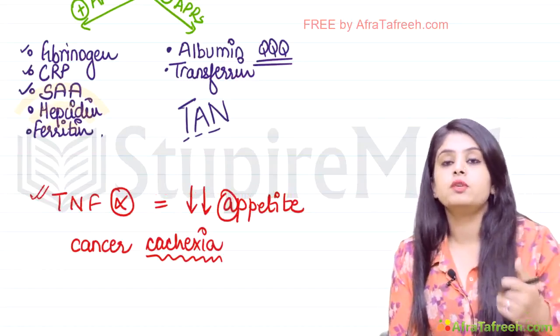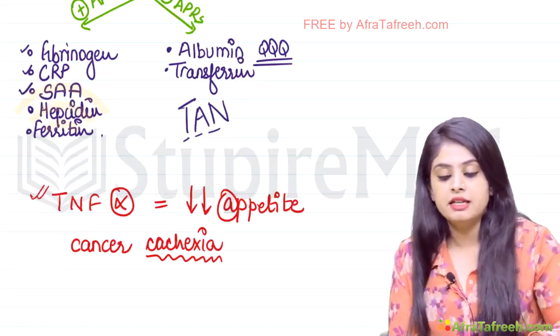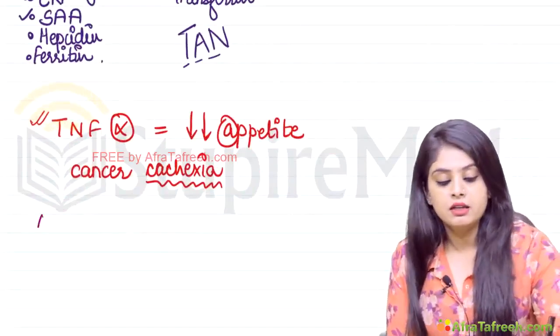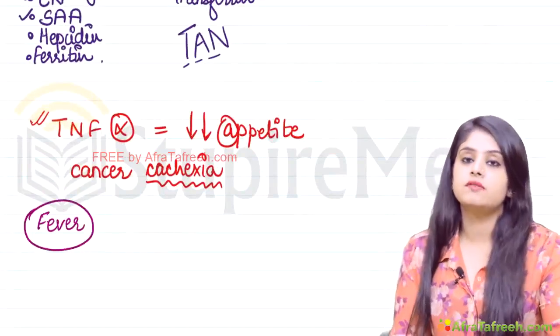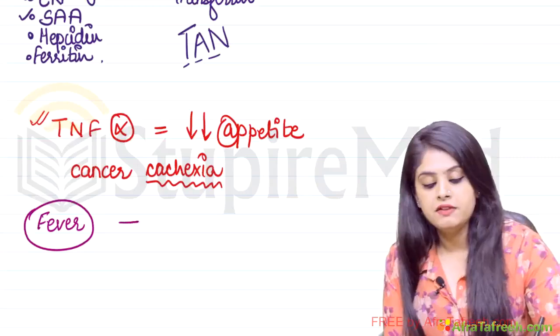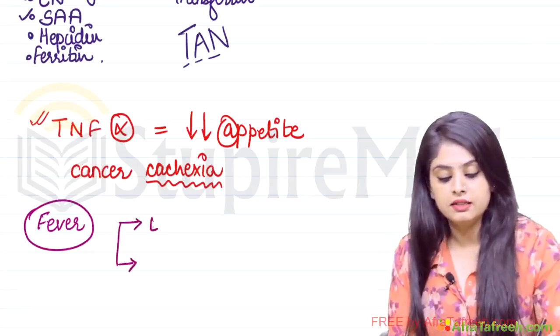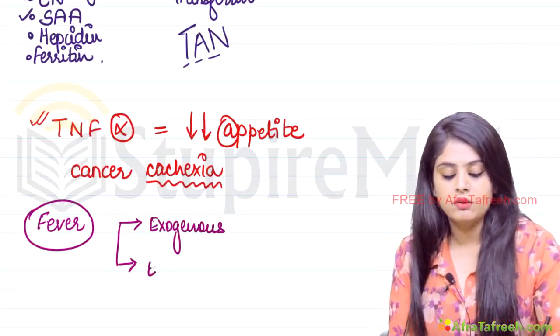Now before we proceed to other particular interleukins and cytokines, there is one mention that we need to make over here. We had discussed that people who have an infection will have fever. Fever can be because of two types of products: either exogenous products or endogenous products.